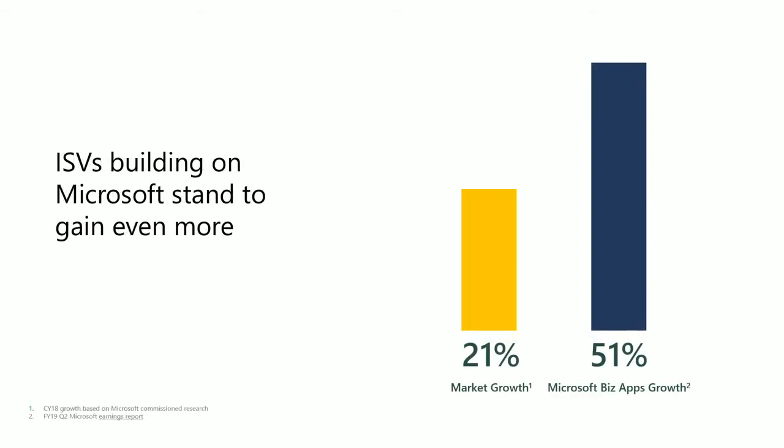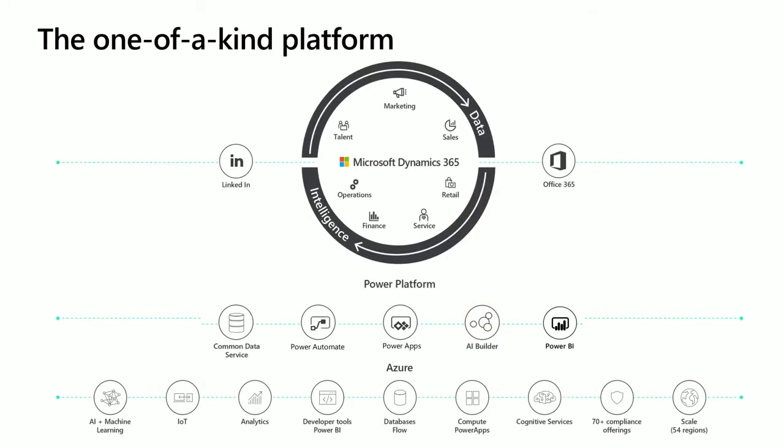Looking at that from a Microsoft perspective, while we see the average market growing at a little more than 20%, the Microsoft BizApp space has been seeing growth at 51%. So it is significantly higher than what happens with other vendors.